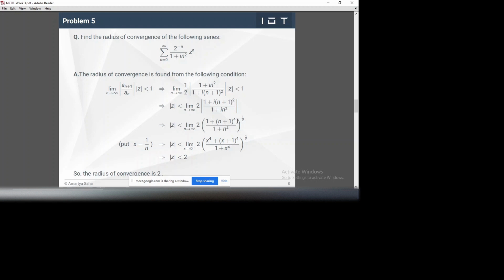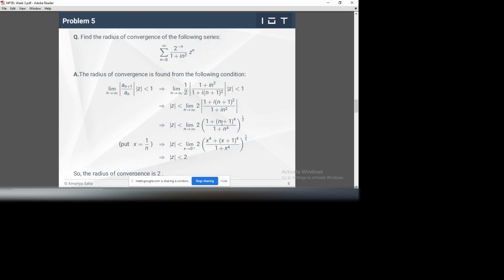So this is the absolute value, 1 plus (n plus 1) to the power 4 over 1 plus n to the power 4, all to the power half. Of course this kind of limit is easy to calculate.